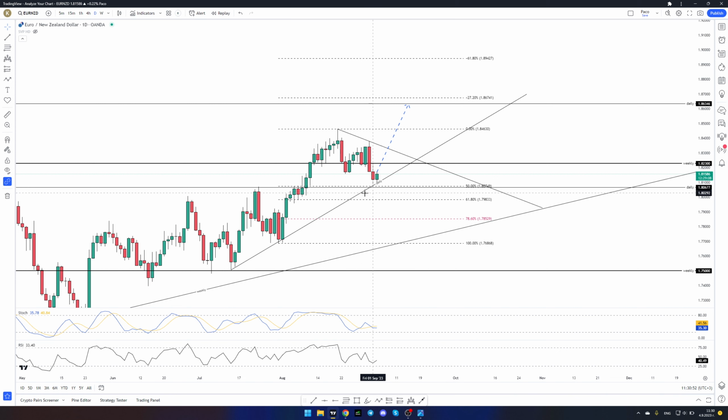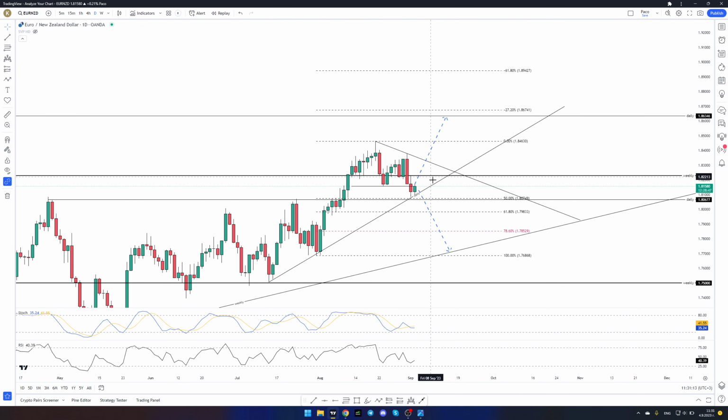But also there is a chance that this is a double top pattern, which is already good to enter in a short position. Now the price probably is making a retest here.